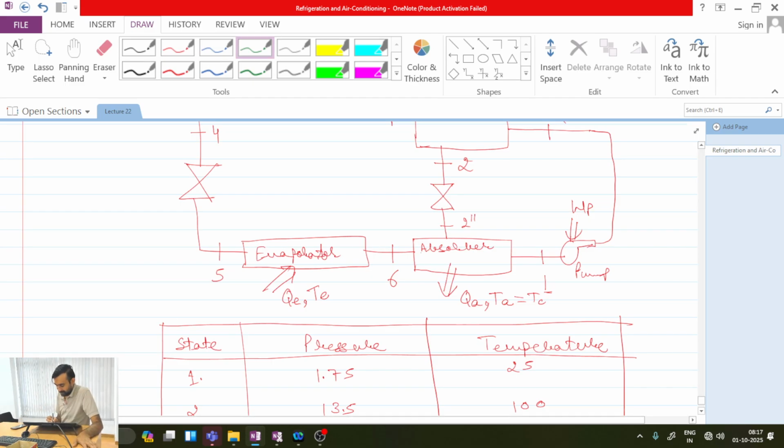Because typically in the absorber, ammonia vapor gets absorbed in the water, and then whatever the ammonia plus water liquid is, that liquid is actually taken by the pump, and in the top I am having vapors. So let's see. State 1 is having pressure of 1.75 bar and temperature of 25 degrees Celsius. Can you locate this point?